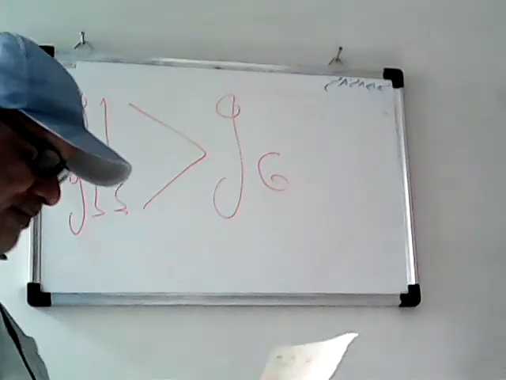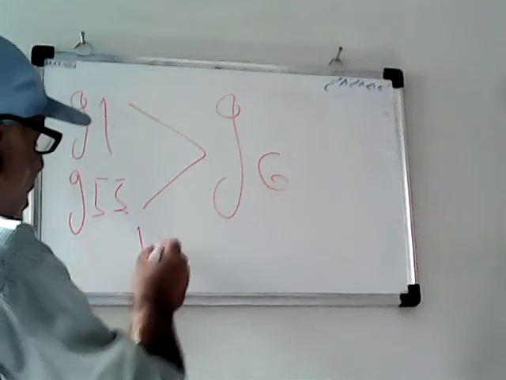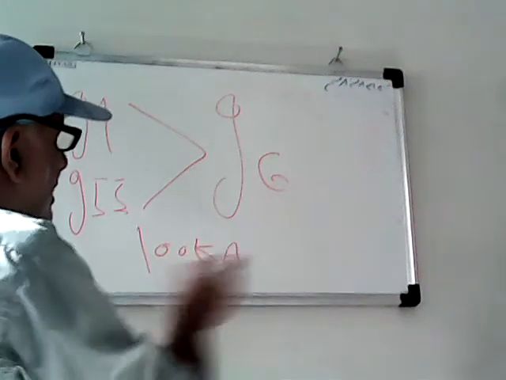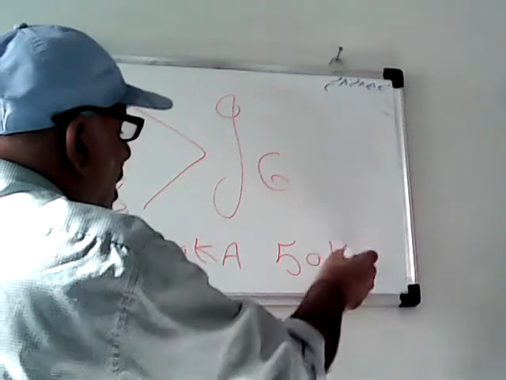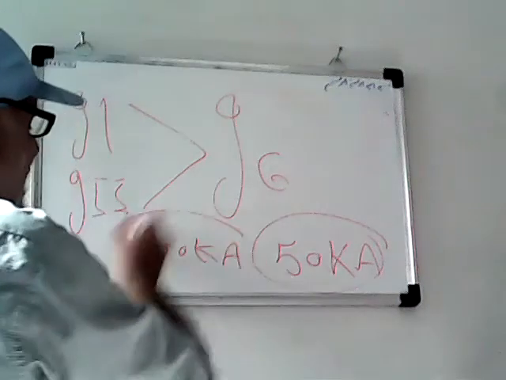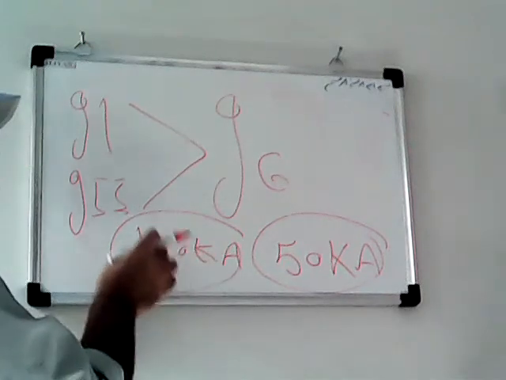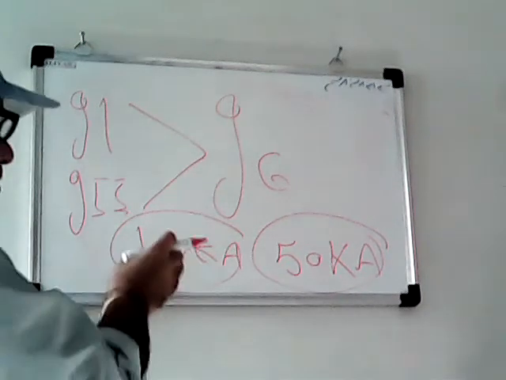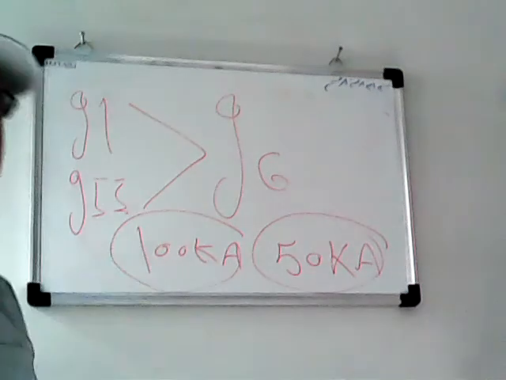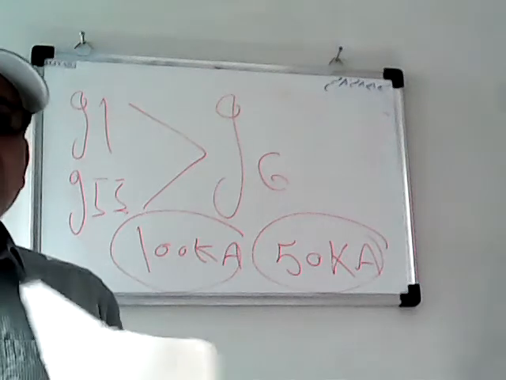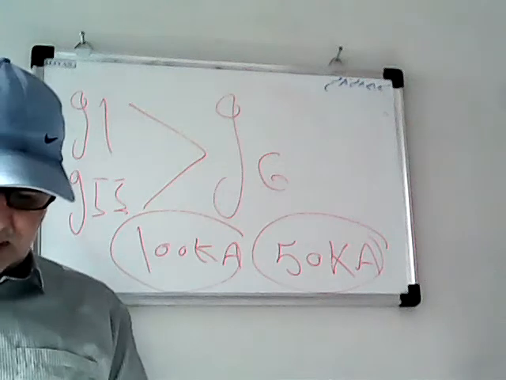The short circuit rating is 100 kiloamperes, divided into two kinds, also 50 kiloamperes. The fuses with 100 kiloamperes we use for sensitive places, because these fuses are resistant and safe against short circuit.